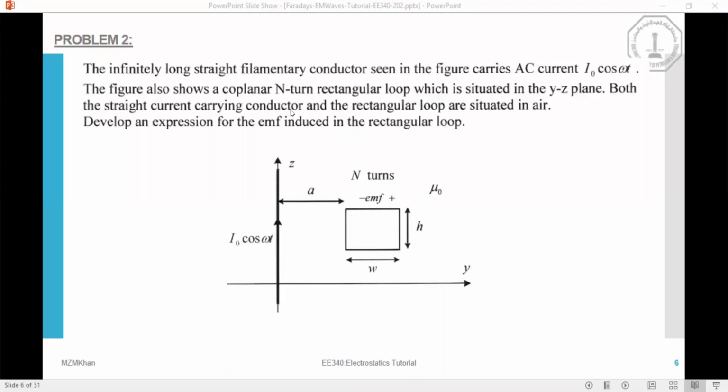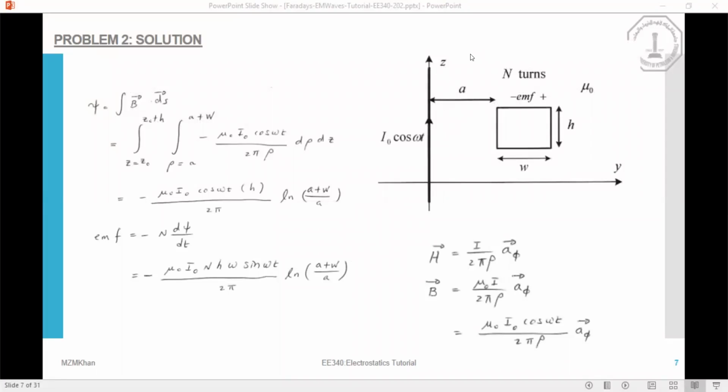So first, our objective is to find the external magnetic field that is influencing my rectangular loop to generate this EMF. And this external magnetic field is coming from this source.